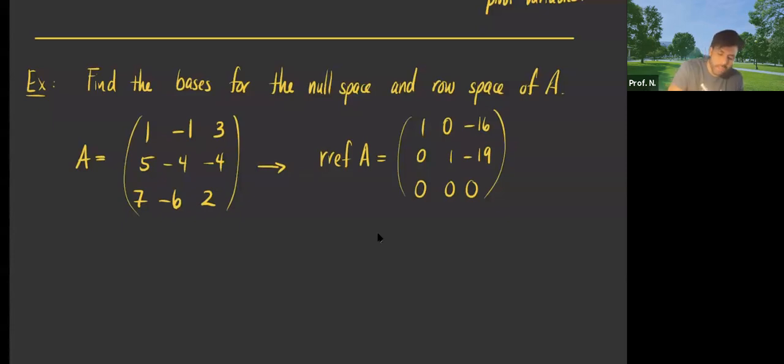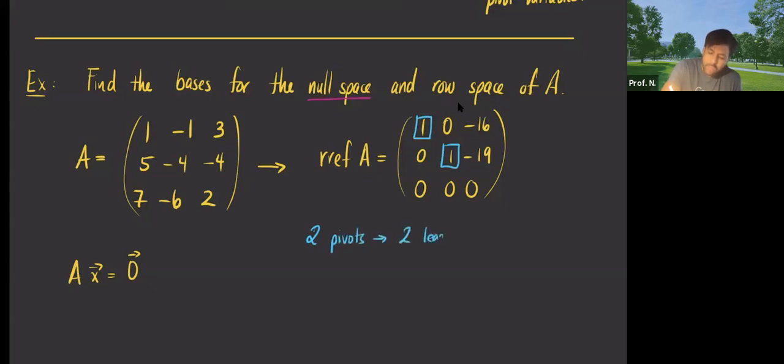So of course it's not written here, right? But really what we're saying is AX equals zero. We're really talking about this for the null space, right? So what do we learn from the row reduced echelon form? Well, we know several things. 2 pivots. If I have 2 pivots, what do these 2 pivots represent? 2 pivots represent 2 leading ones, right? If I have 2 leading ones, what else do I know?